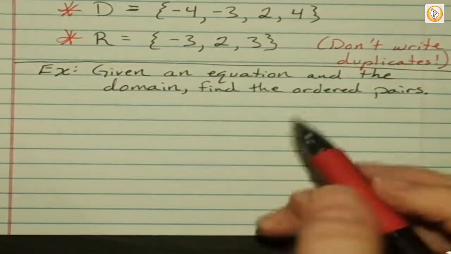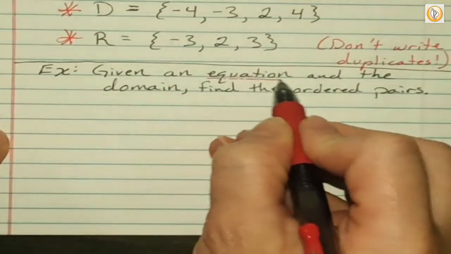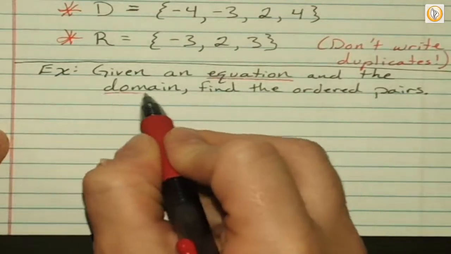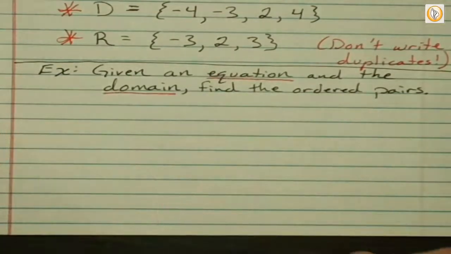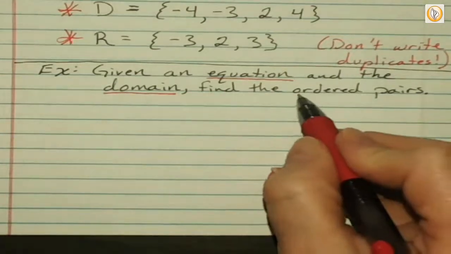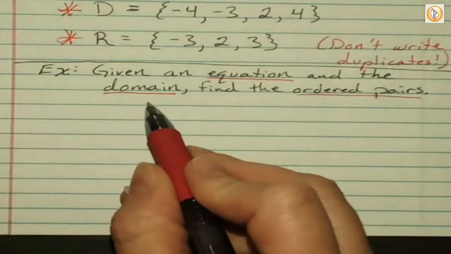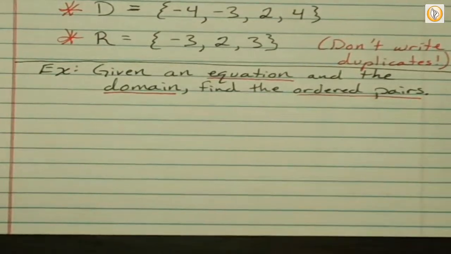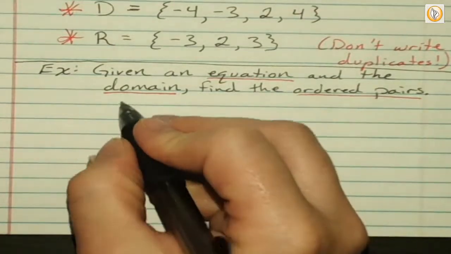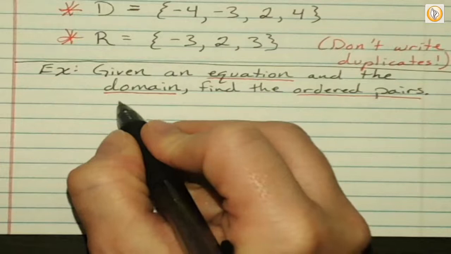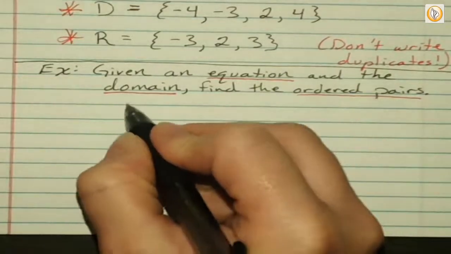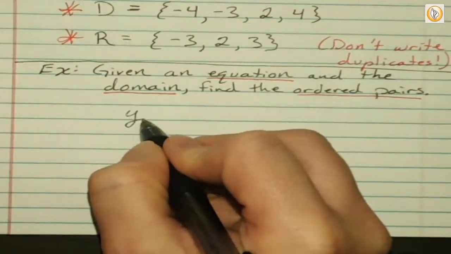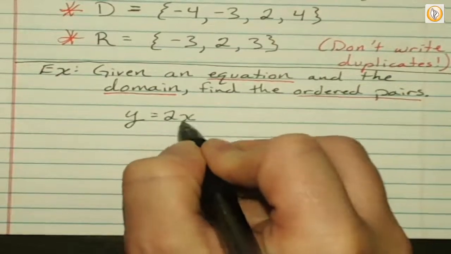So they're giving you some information. They're going to give you an equation. And what did we say the domain is again? X coordinate. The X, okay? It says find the ordered pairs. So they're going to give you the X and an equation. You just got to find the Y and list them as their ordered pairs. So let's say the equation is y equals 2x.